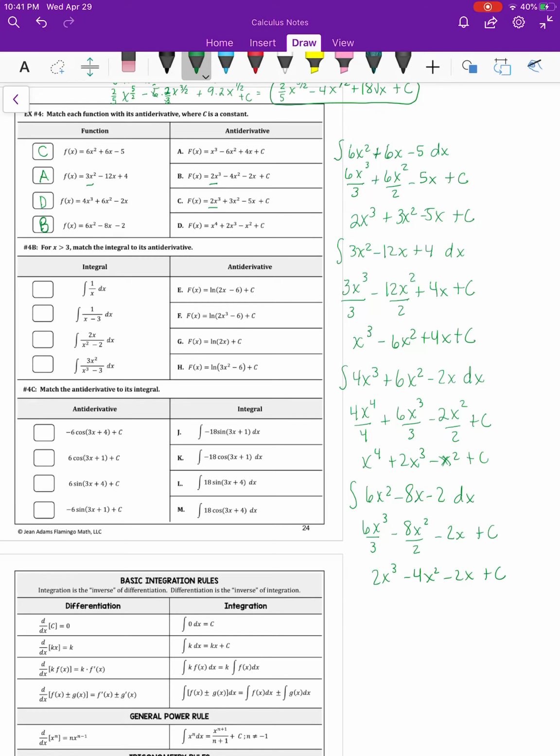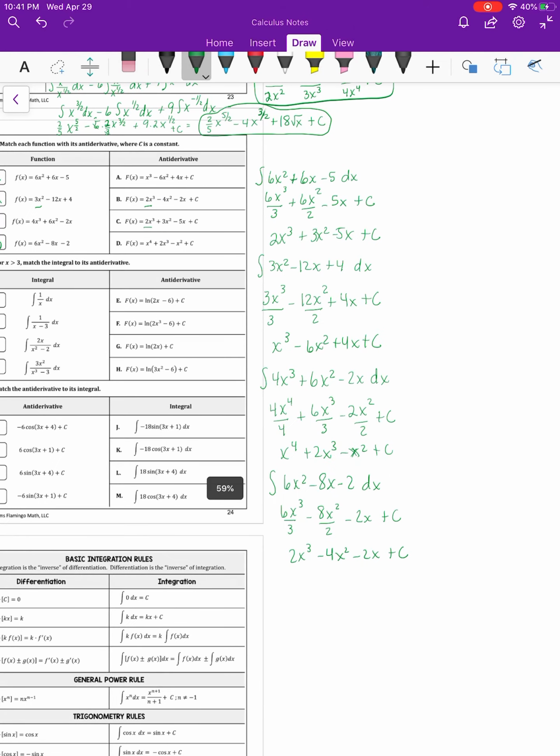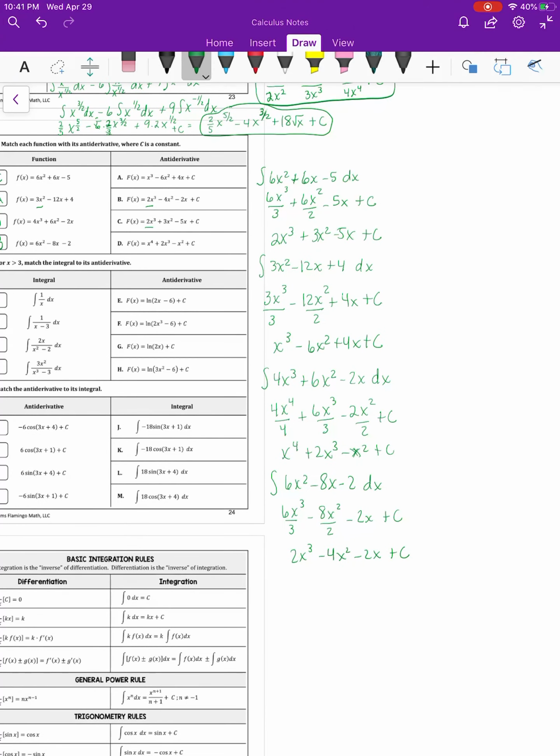Now, what do we know is the derivative that gives us 1 over x? The derivative of what gives us 1 over x? Let's just look at these derivatives. So if I wanted to take the derivative of ln 2x minus 6 plus some constant, it's going to be 1 over 2x minus 6, and then times the derivative of 2x minus 6.